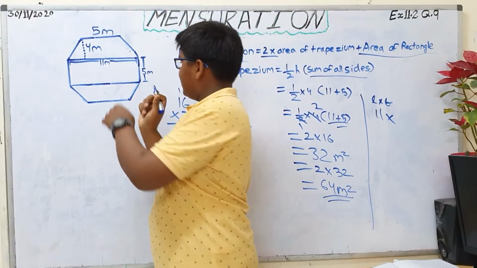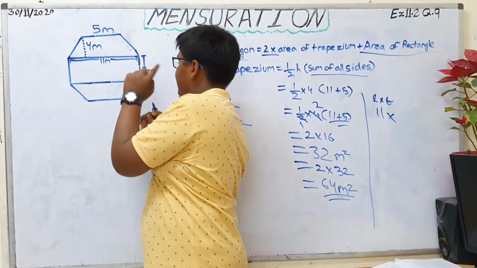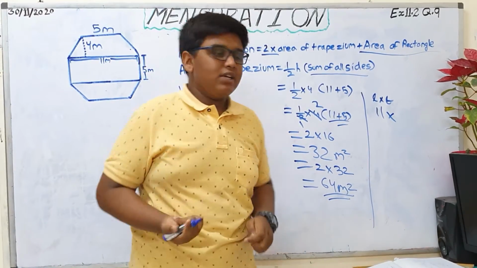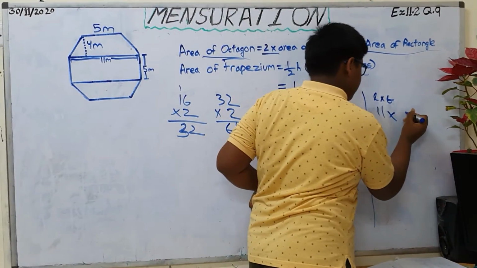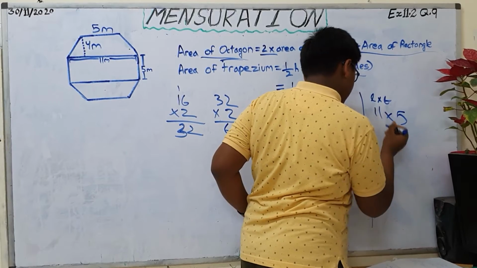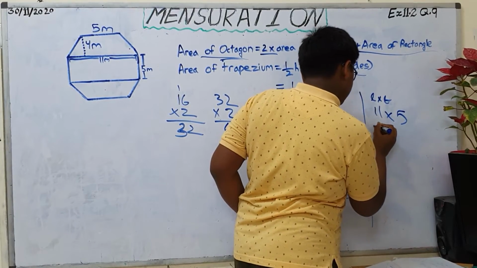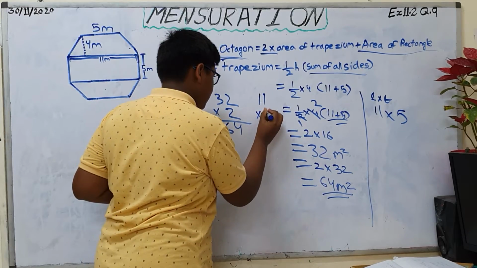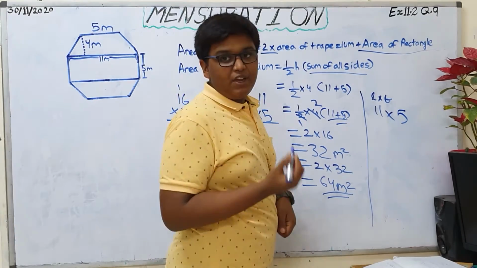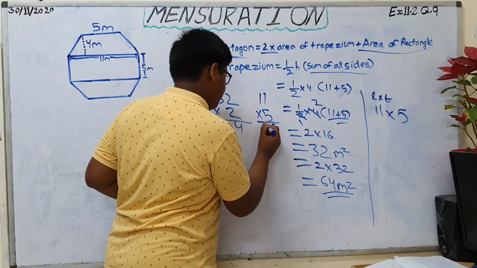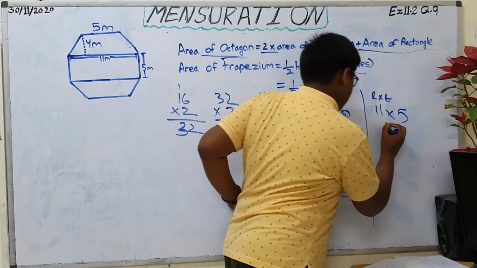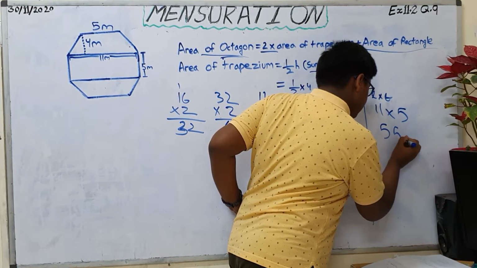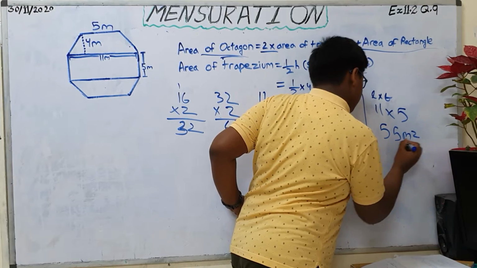I said this is the breadth. So this line has the measure as 5. So we are going to multiply them both. 11 into 5. Now 11 into 5 is equal to, let's do it here. I know the answer. It's 55. Now 1 5 is 5 and 1 5 is 5 again. Now what we have got, the answer is 55 meters square.